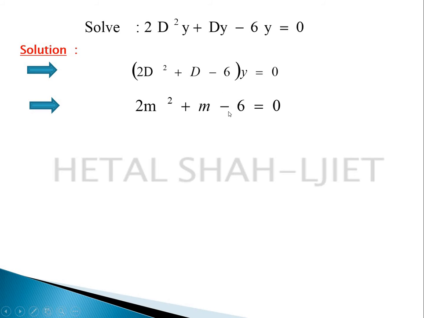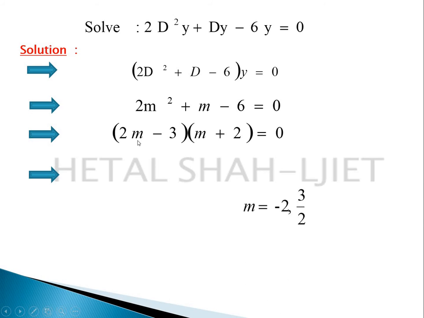This form is known as the auxiliary equation. So to find the roots of this equation, 6 2s are 12, we have to factor using the minus term. So this is (2m minus 3)(m plus 2) equal to 0. Now here we get the values of m, that is minus 2 and 3 by 2.